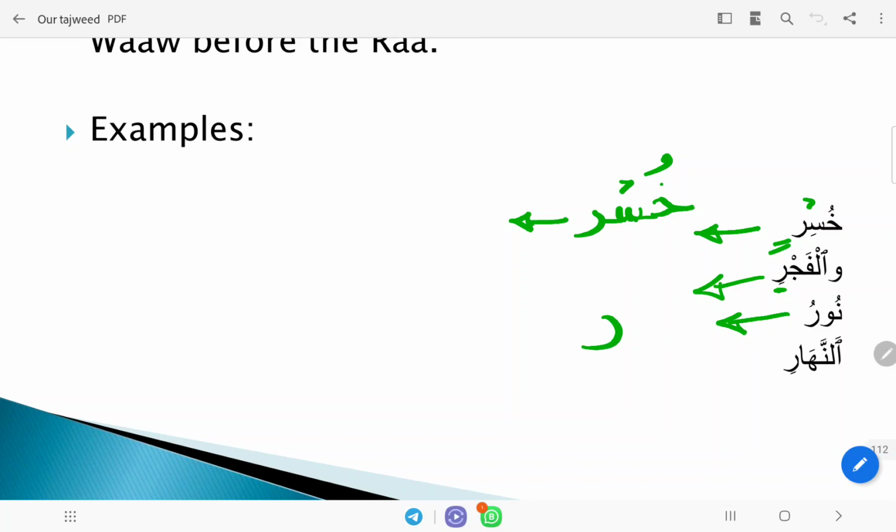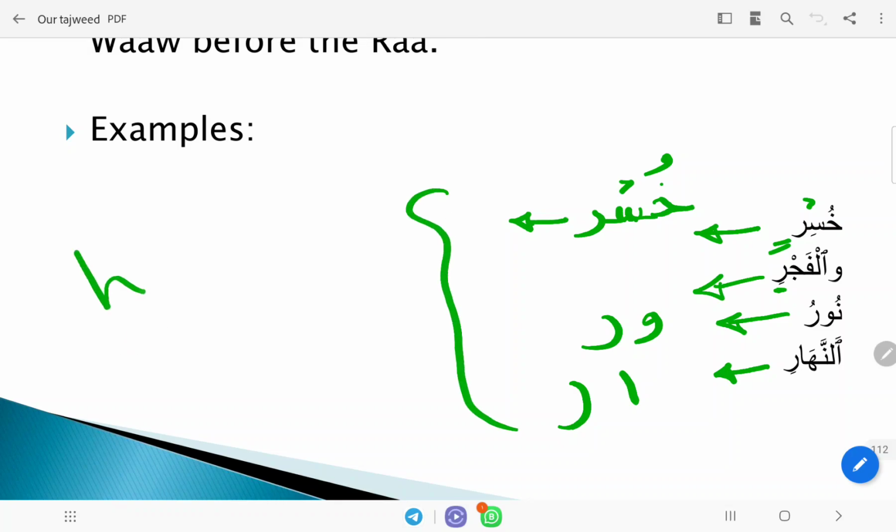Here the ra will be sakin due to stopping, and it is preceded by waw mad. Also here the ra will be sakin due to stopping, النهار, and the ra here is preceded by the alif mad, and also these are all heavy ra. Excellent.